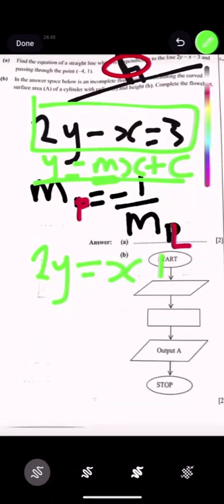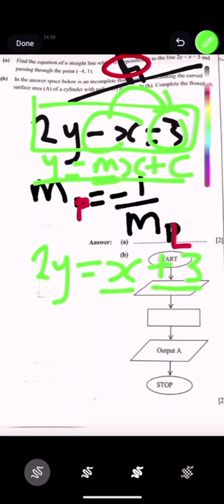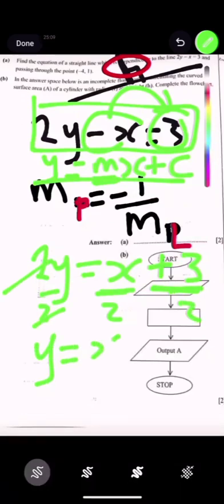The x was negative, came here and became positive x, but there's positive 3 already. Then you divide everything by 2, so your y is equal to x over 2 plus 3 over 2.